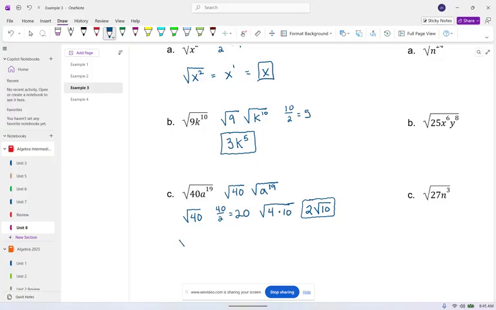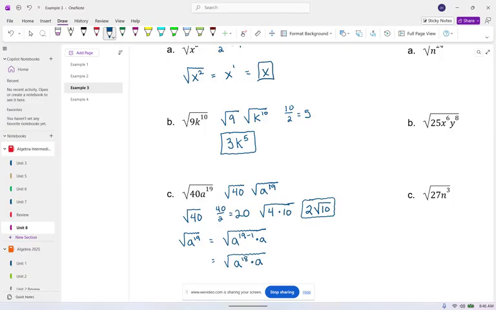Now we're going to look at the square root of a to the 19th. 19 is not an even number, so we cannot split it in half evenly. So what we're going to do is subtract 1 from the a to the 19th. So we'll go a to the 19 minus 1 times a. So we'll always have a variable left at the end. This will give us the square root of a to the 18th times a.